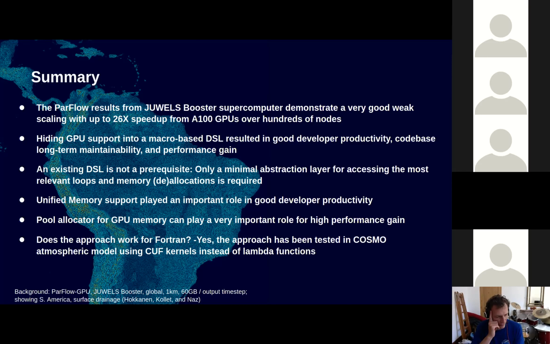So anytime there is, let's say, an IO operation and the CPU needs to access some data that has been previously modified by the GPU, there is this automatic unified memory mechanism where the CPU trying to access the data triggers a page fault, and then this page fault triggers a memory transfer from the GPU to the CPU, and after that operation is successfully finalized, the CPU just continues with the IO operations.